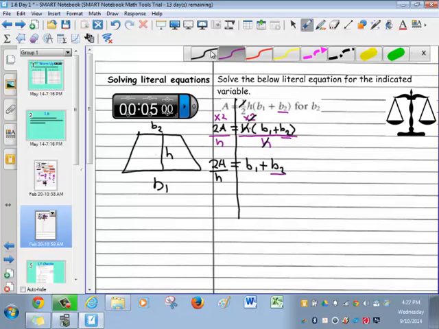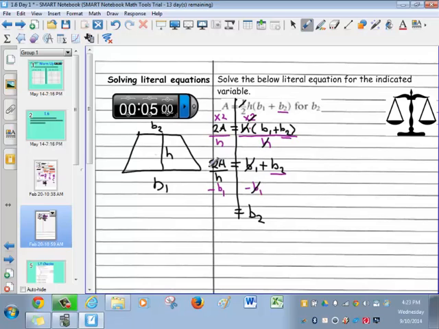So, in the next step, this is what I would do. To get it by itself, since we're adding b1 to it, let's subtract b1 from both sides. Minus b sub 1. Minus b sub 1. So I just subtracted from both sides. So, let's just rewrite this, okay? Check, this is the final. This is it. This is the finale. I got b2 by itself on this side, right? Because this b1 and that b1, they cancel each other off with subtraction.